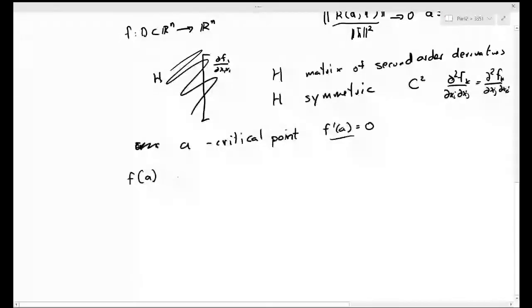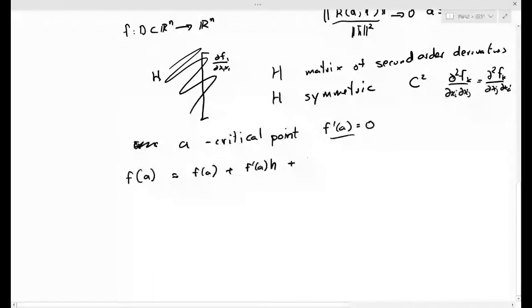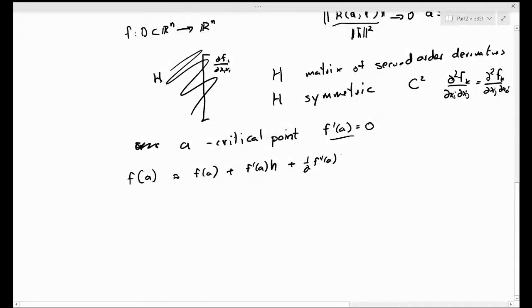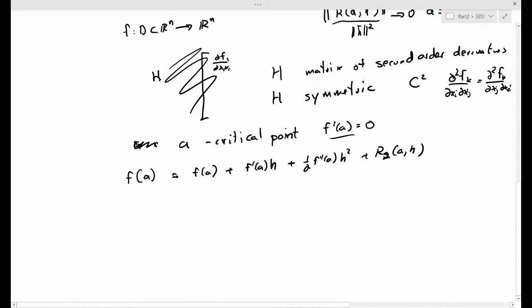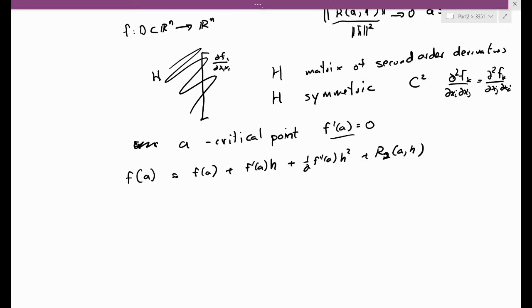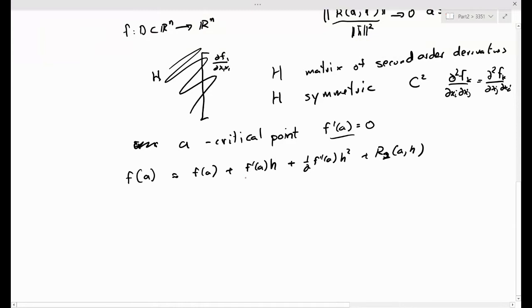Okay, so if you look at your Taylor polynomial, and then you have the remainder. Because we had a critical point, this became 0. And so f of a plus h, sorry, should erase that.